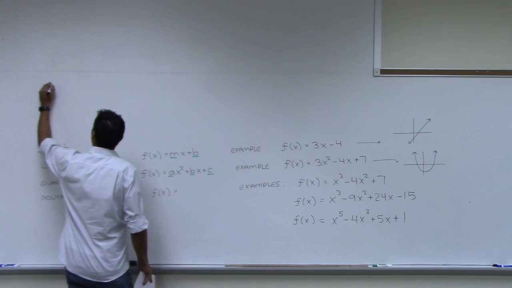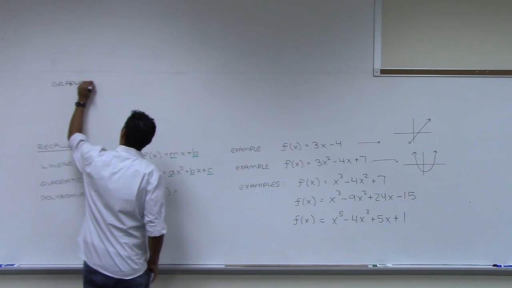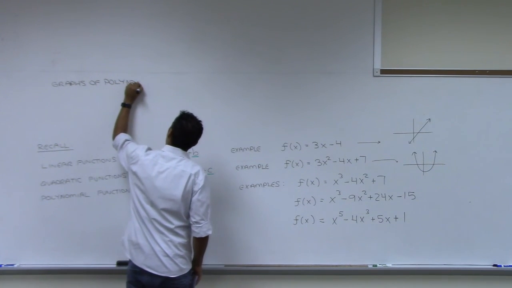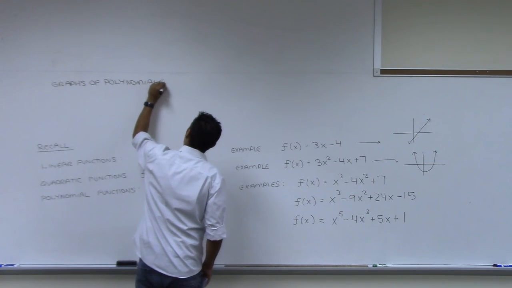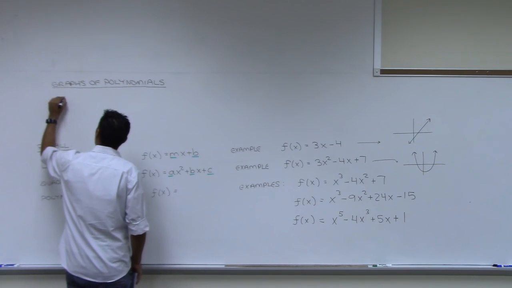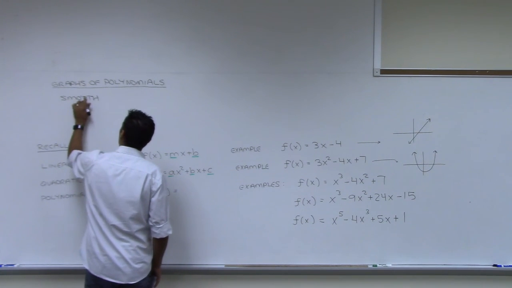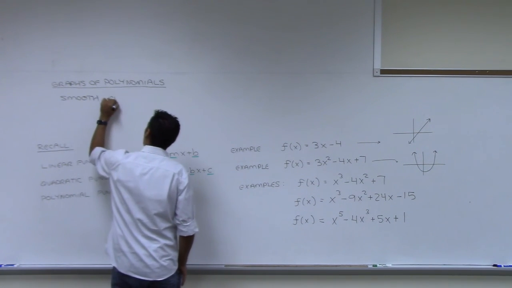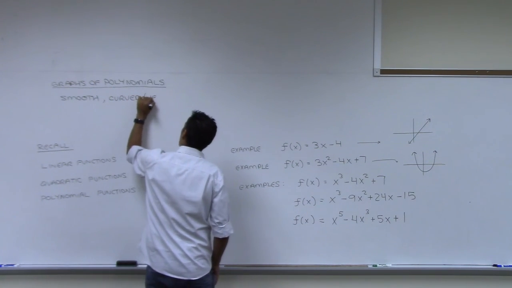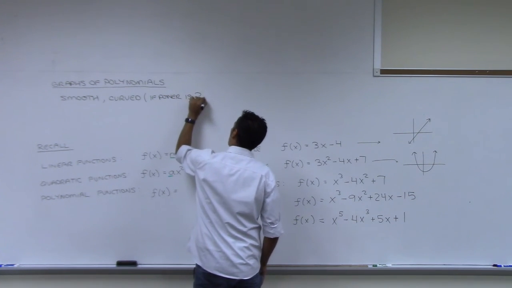Okay, so the graphs of polynomials have the following characteristics. They're smooth. They're curved if the power is 2 or more.